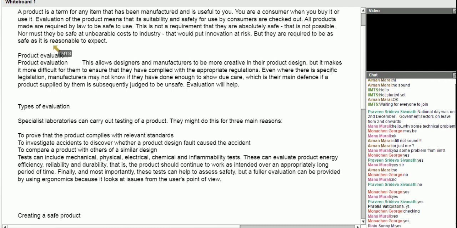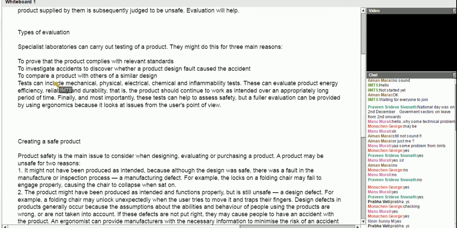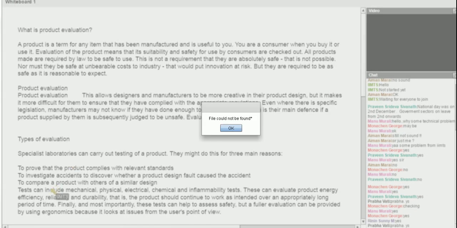Okay. Let's see what the types of evaluation are. Specialist laboratories can carry out testing of a product. After designing their product, there are specialist laboratories across the countries who test the product and its safety.